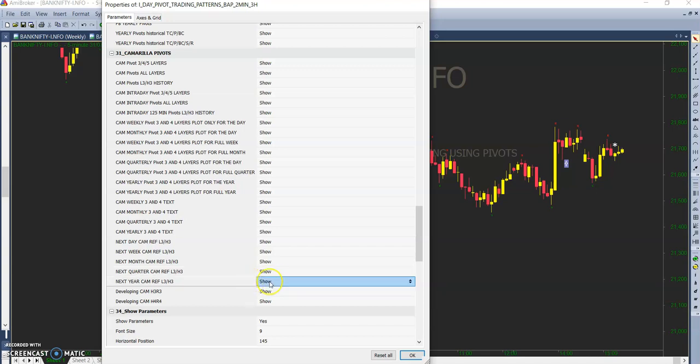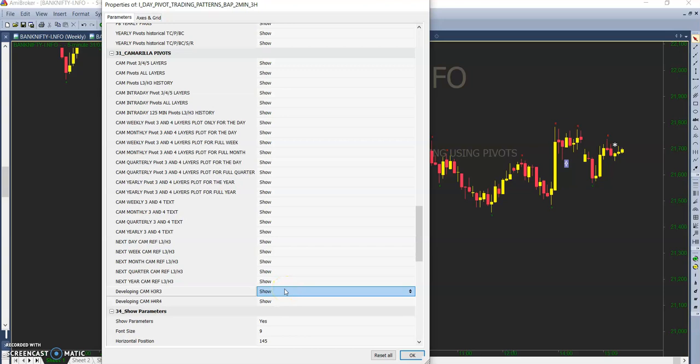And of course this is next year's camera level 3 and level 4 pivots. It cannot be plotted, it is not visible in the intraday charts. But if you want to see the levels, you can go to the daily chart and try plotting this.